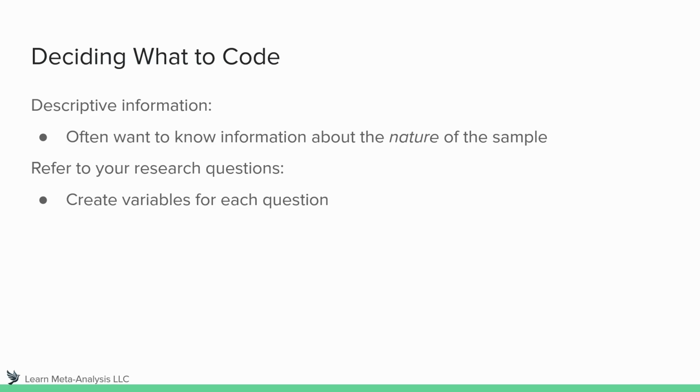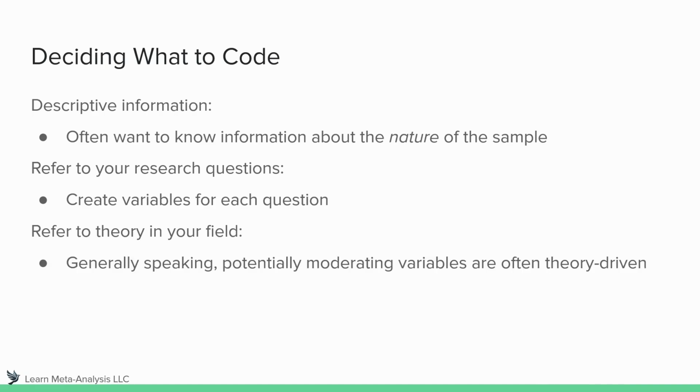So it's another one of those areas where good planning is going to help you. So what I like to do personally is set up my research questions and then structure out my coding form to see which variables are going to inform each research question to make sure that I have everything there that I need.